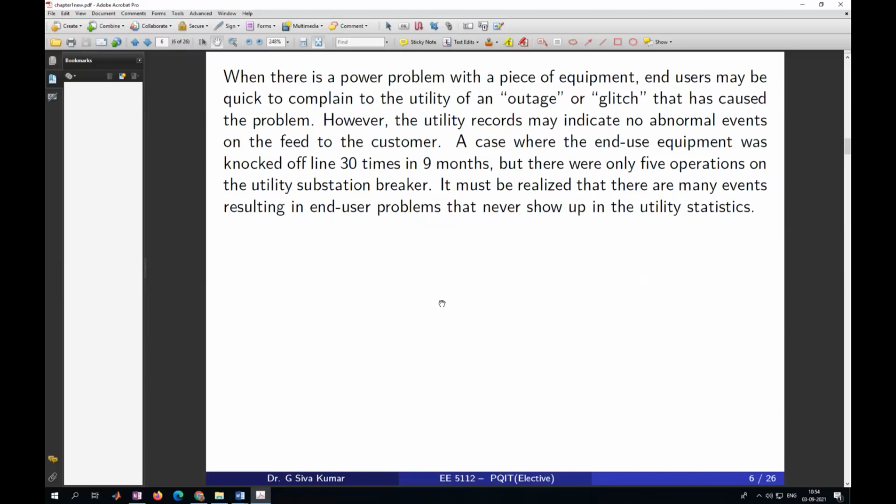Generally, the utility has good technology to regulate the voltage very fast, and any over voltage issues too. Because of that, the majority of the problems occurring are because of the end user or the customers, not because of the utilities. Okay.